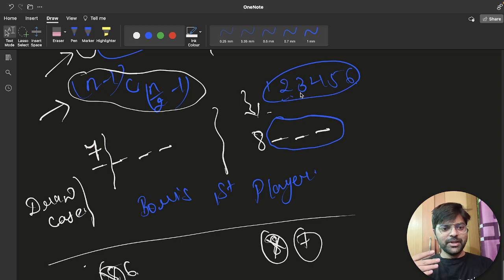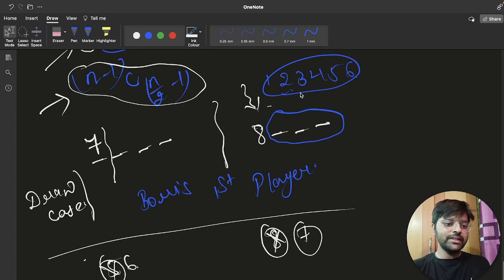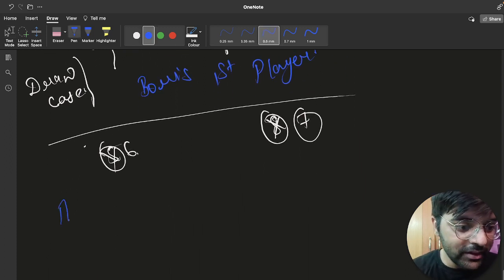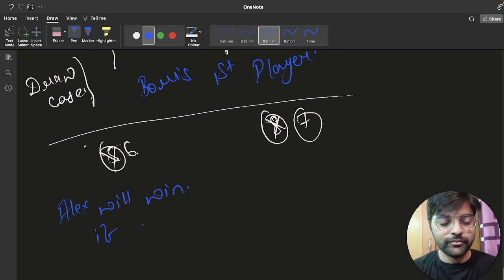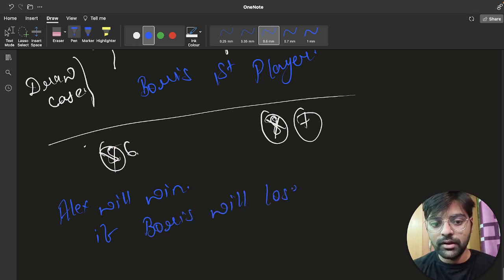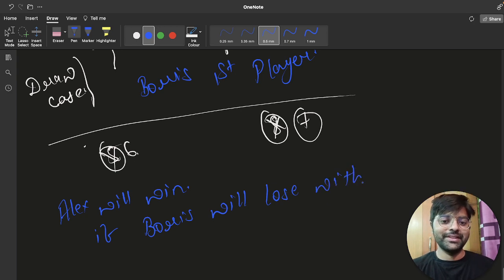So isn't it similar to a game that started, let's say, with n equal to 6 and Boris will start playing? So it is similar to when Lx will win if Boris will lose with n minus 2 numbers left.